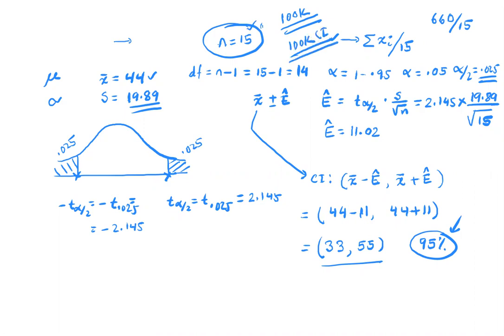About 95,000 of these 100,000 will include the actual population mean, which is mu. That means the average number of minutes that the students spend on social media each day. About 5,000 of them, out of 100,000, will not include the actual population average. That's what it means. So now it should make some sense, right?